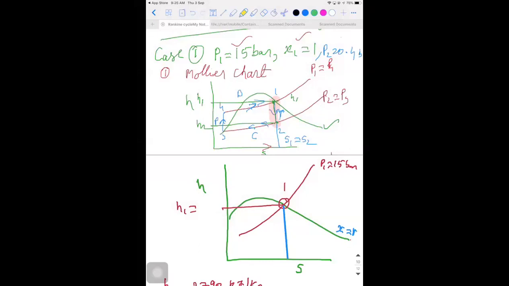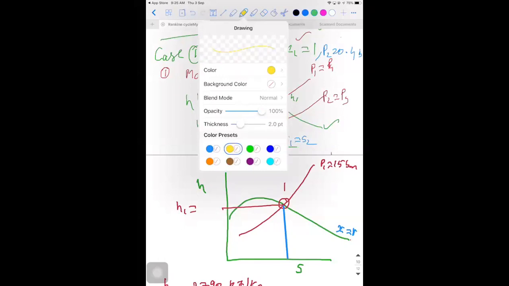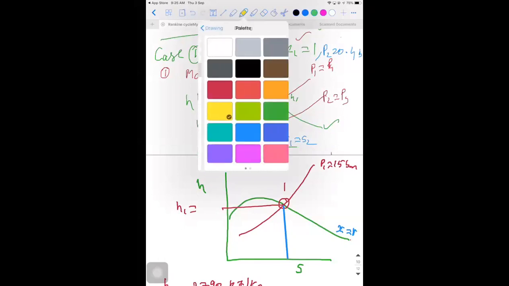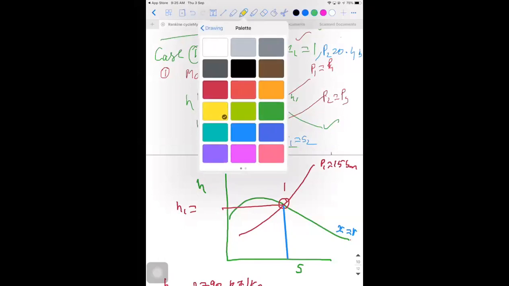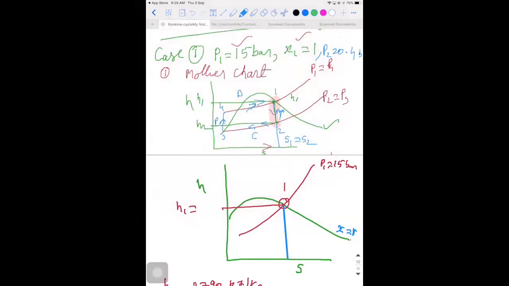And now let us identify the P2. Here I'm going to mark this. This is the P2, and P2 is equal to 0.4 bar.